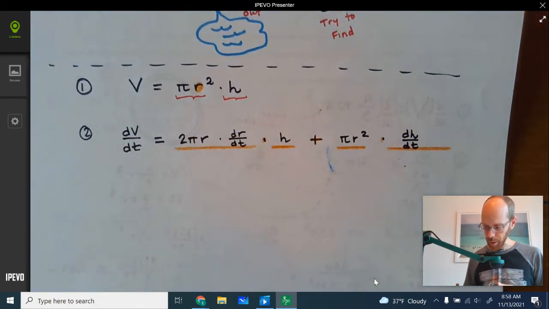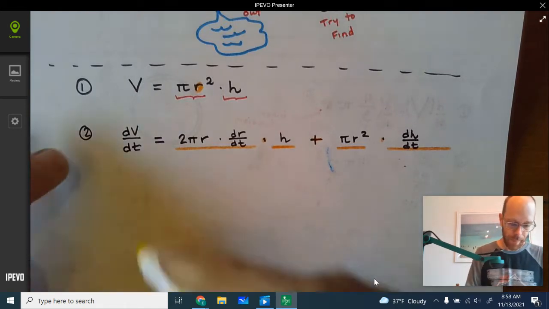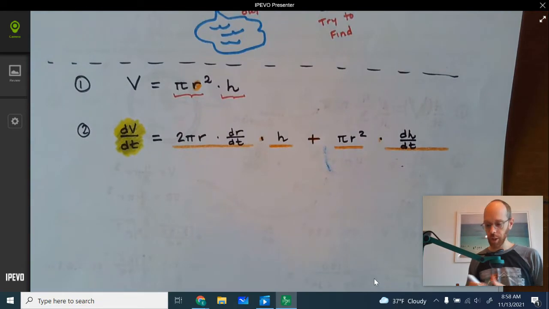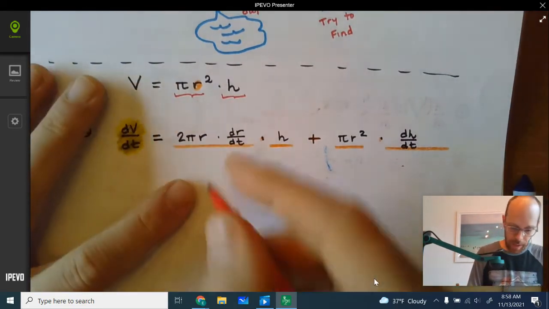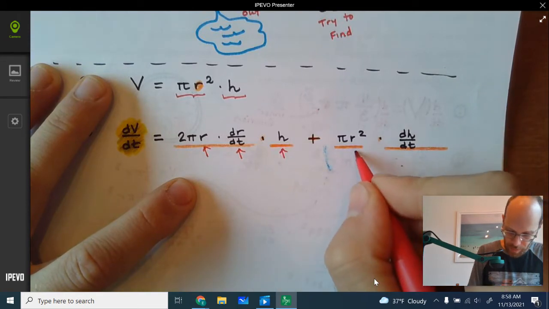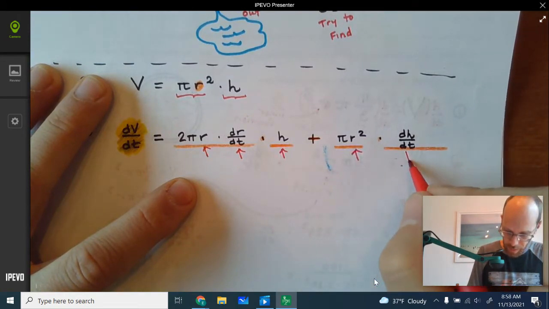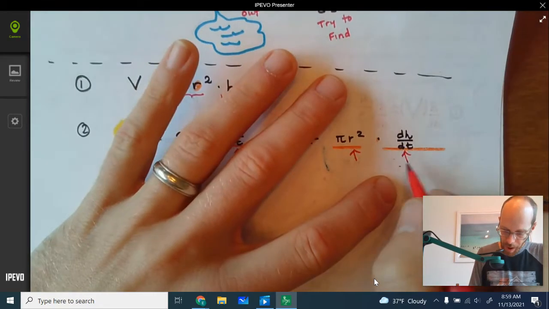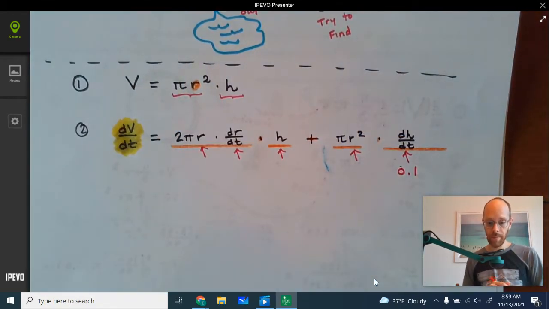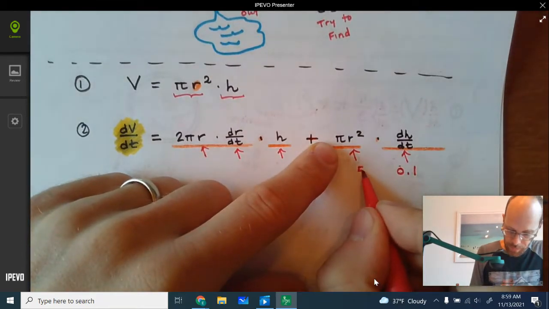Okay, so there's our equation. Cool. The thing we're looking for is how the volume is changing, which means that we're going to need this, this, this, this, and this. Now, I know that the rate of change of the height is 0.1, that was given, and I know that the radius is 5.